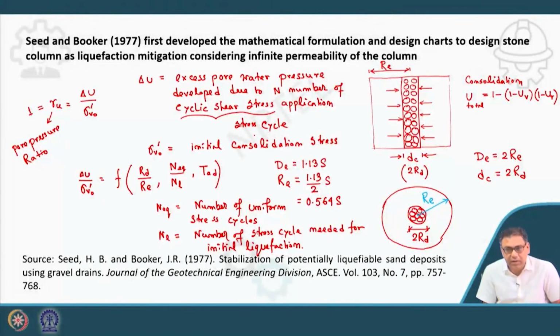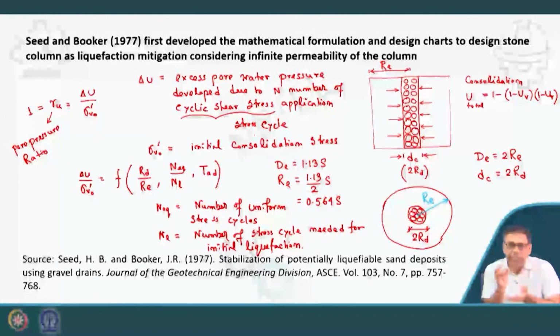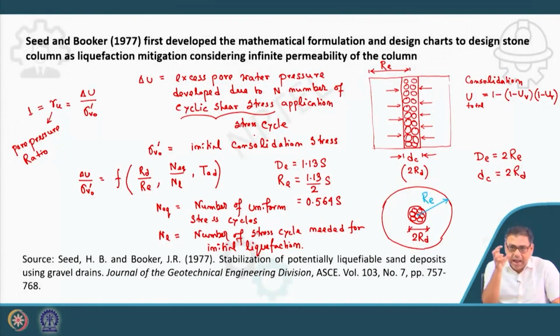So that means here you can see that for liquefaction, the same thing, one is the stress developed during earthquake, another is the stress required to cause liquefaction, and here N equivalent is the number of cycle applied during an earthquake, and NL is the number of cycle required to cause liquefaction.